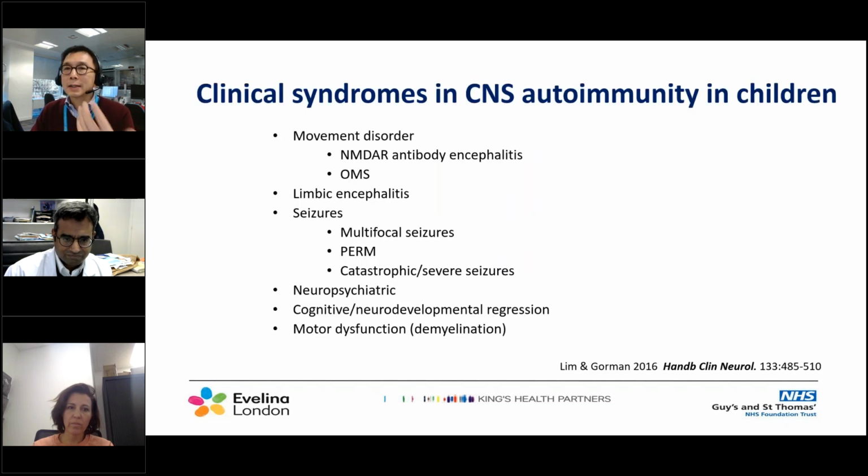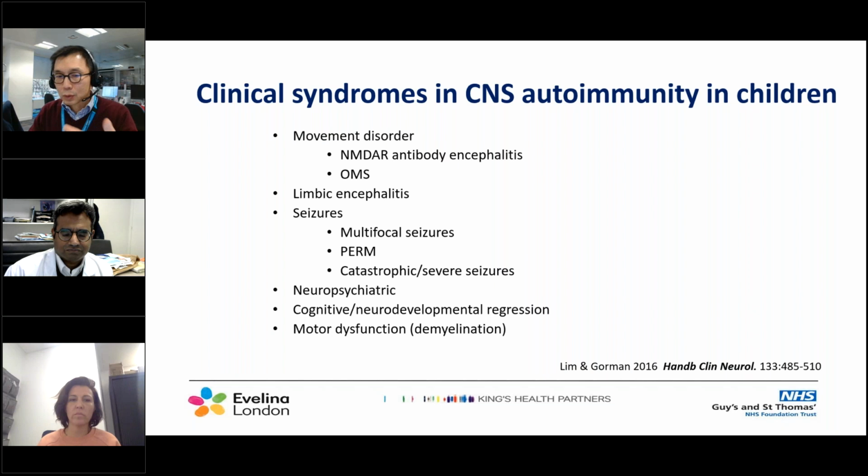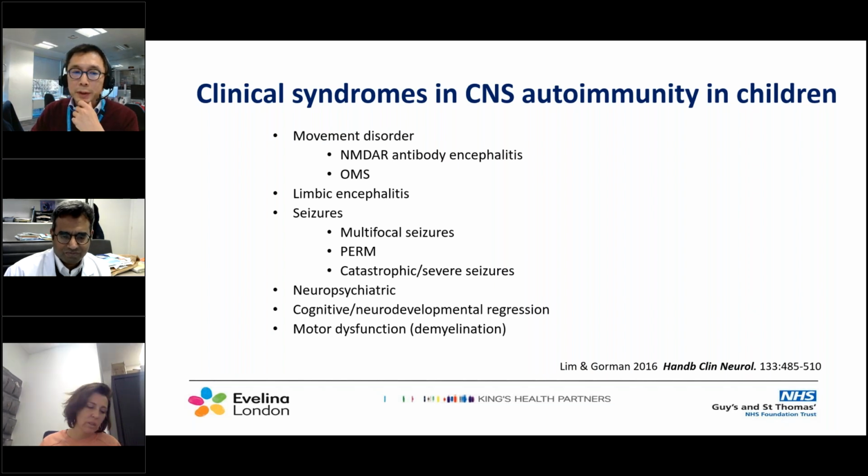Okay, so with that said, these are the clinical syndromes that children can present with when they have a whole host of autoimmunity. And this is pretty simply how the brain functions, right? So you've got movement disorders, you've got limbic encephalitis, you have seizures because they point you to something being wrong with the brain.